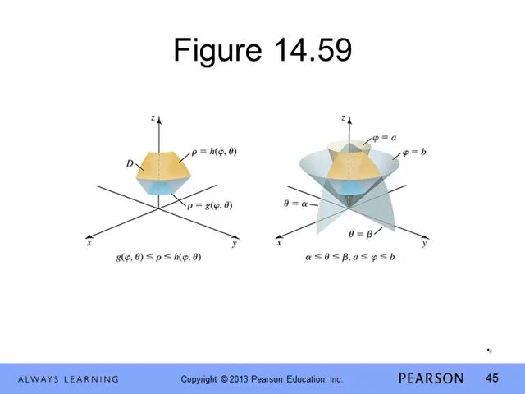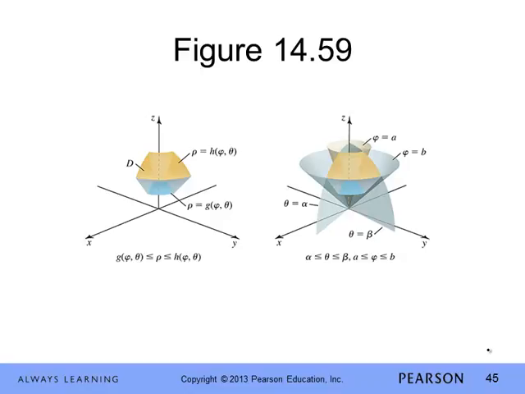Basically what this picture shows is that once you figure out the limits for rho, then you, if you can imagine it, project that shape onto the theta-phi coordinate plane and figure out your limits for theta and phi. And most times, at least for what you're going to be doing in this class, those limits will be constant.